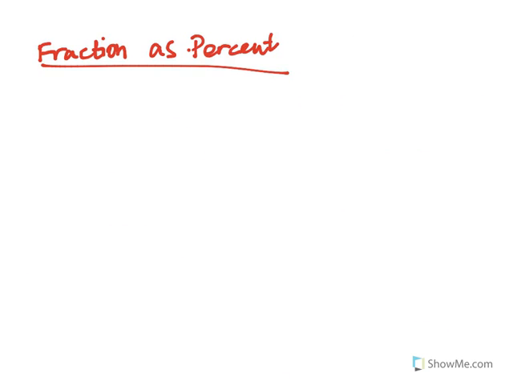Now coming to how to write a fraction as a percent, let's pick up one example. Say for example 7 over 10. As we did in the previous part for converting a decimal into a percent, whenever we are converting into a percent, I have to multiply by 100 and write it as a percent.